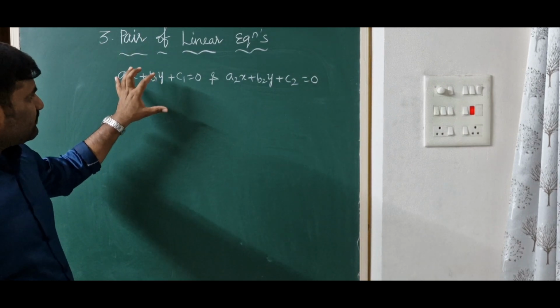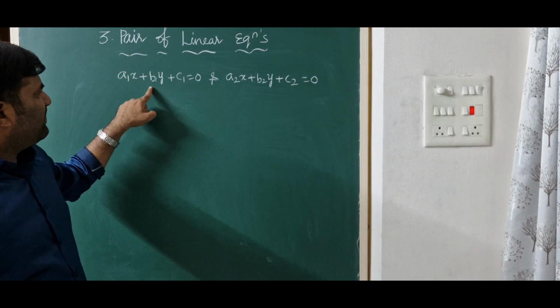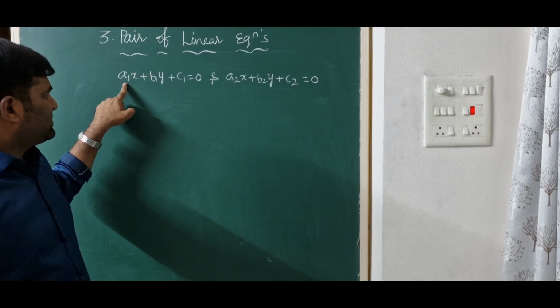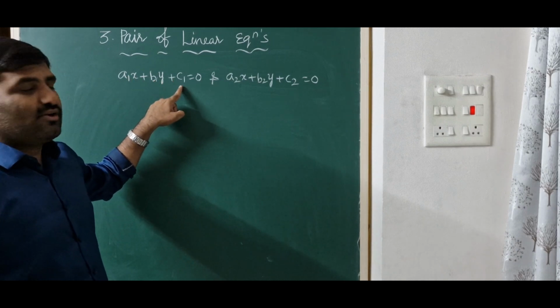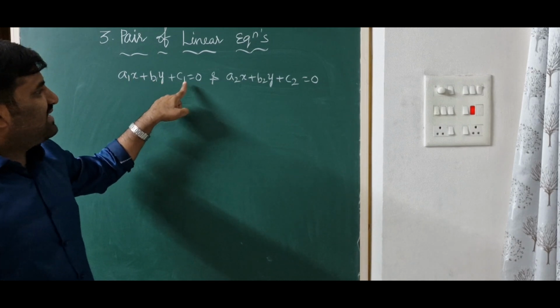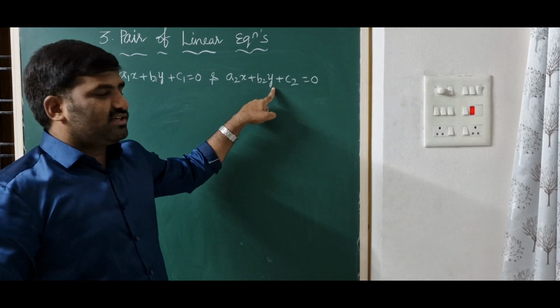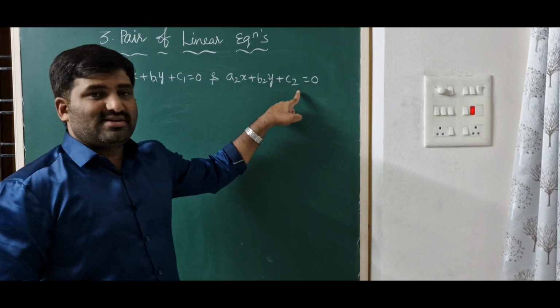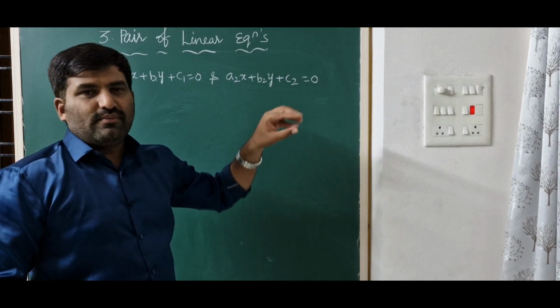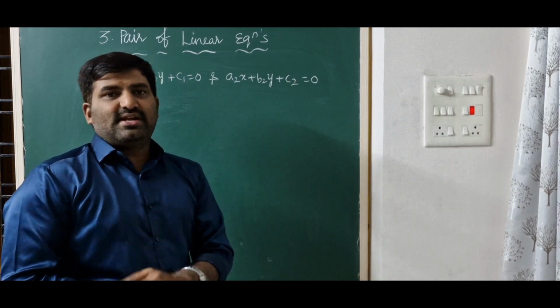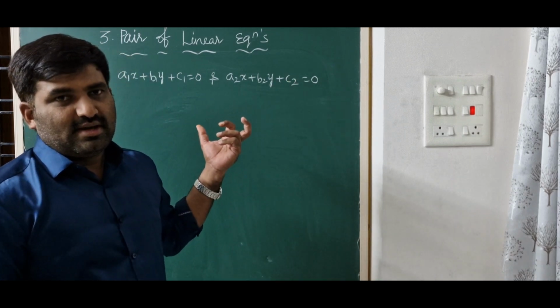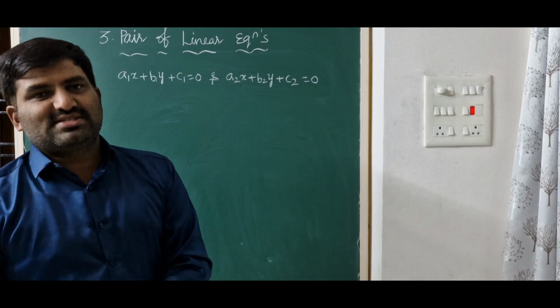In the first equation, a1, b1, c1 are the coefficient of x, coefficient of y and constant term respectively. Likewise, in the second equation the coefficient of x is a2, coefficient of y is b2, and the constant term is c2. There will definitely be one question related to this concept. I think you already know that, so revise this topic.